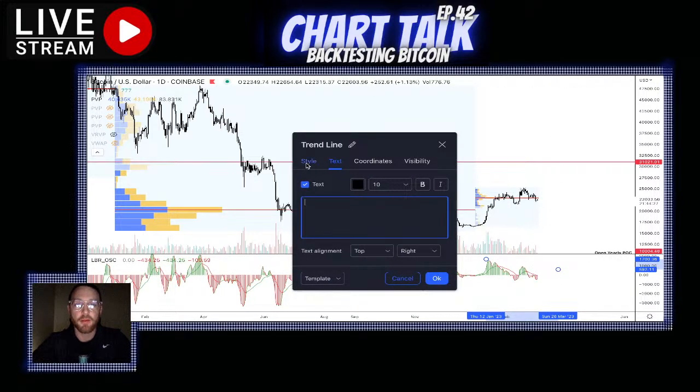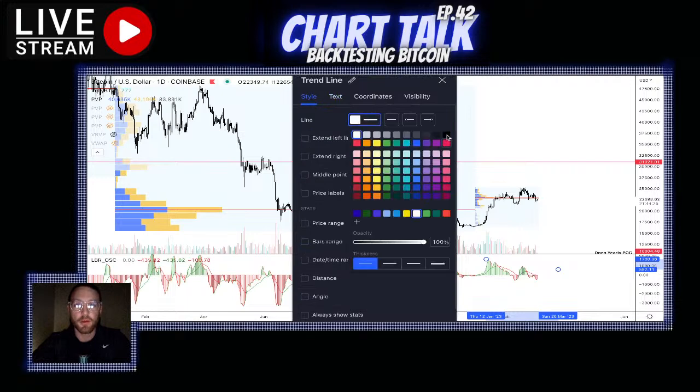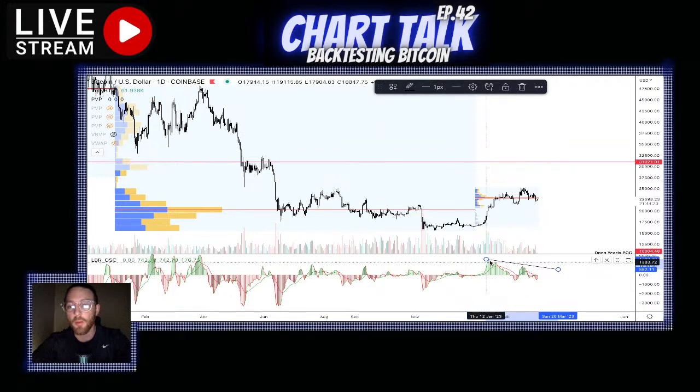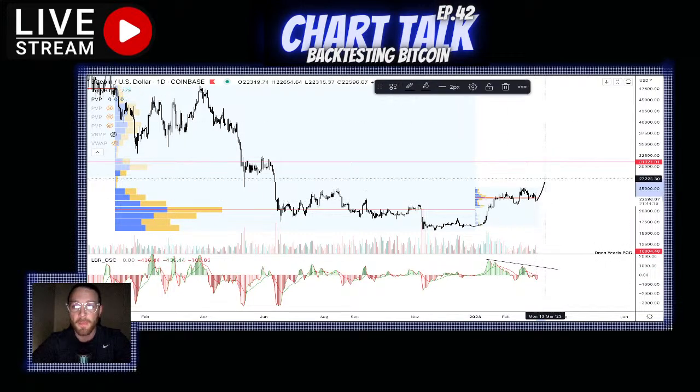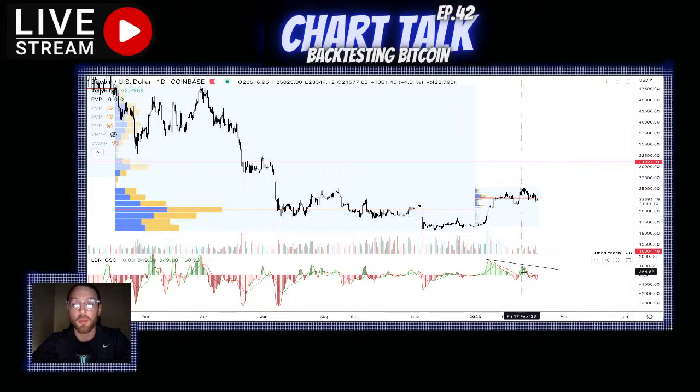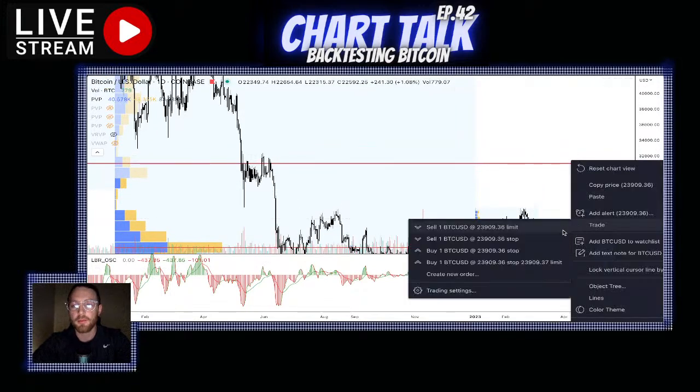I need to make this a little darker so I can see it. We're getting momentum waves to the downside while the market's making moves to the upside. If we do get that one more push up and then it shows rejection, that's going to be a major reversal sign, or a possibility at the bare minimum that we'll look at.